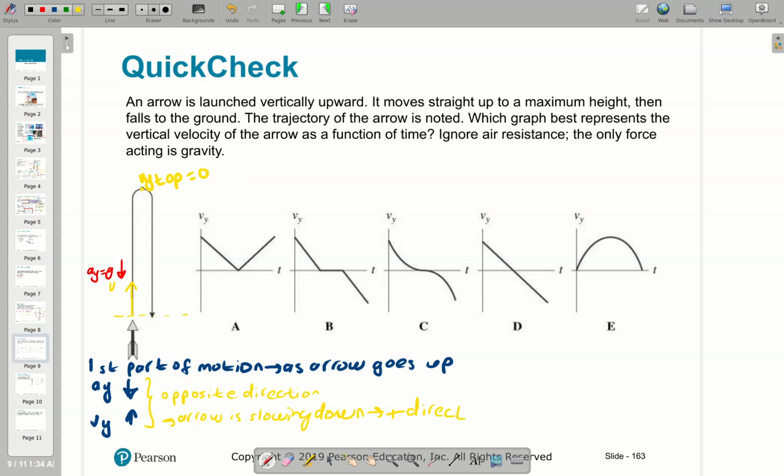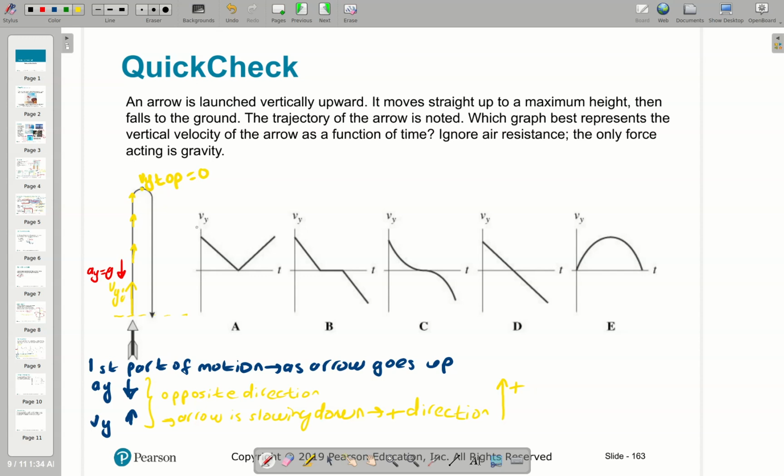Why positive? Because it's going upward. Up is positive. So in the first part, looking at a graph, there's an initial velocity, Vy initial, and it gets less and less and less. If I want to draw a motion diagram for the velocity upward, it would be something like this.